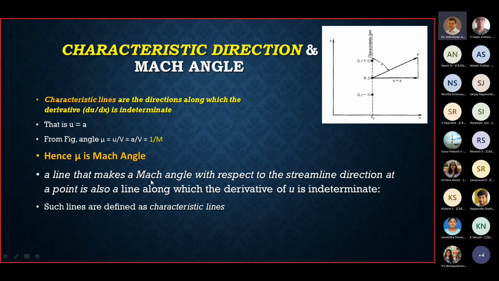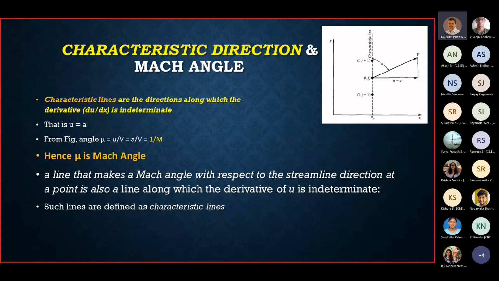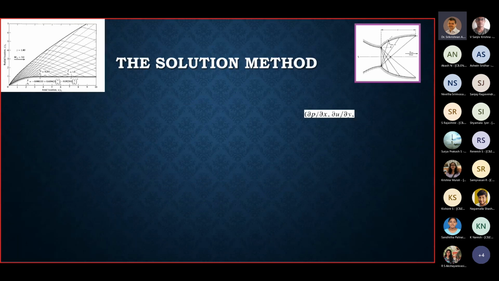We have seen that because of the particular nature of the equations, the hyperbolic partial differential equations in mathematics, in a flow field you can identify directions along which the derivatives vanish. The derivatives that we have considered from the specific governing equation, where the derivative of, say, u, that is the x component of velocity, with respect to x direction, vanish.